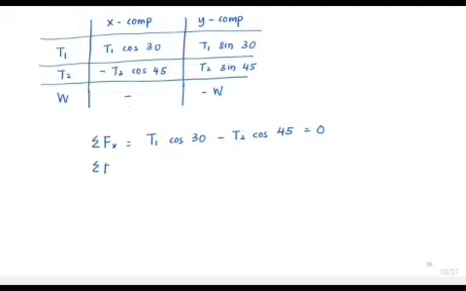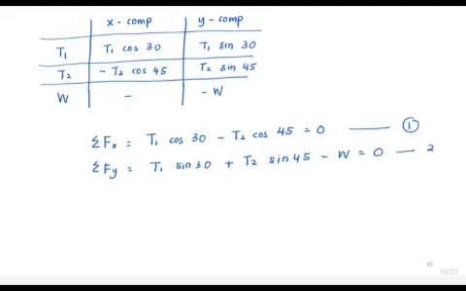The resultant of force at Y component is T1 sin 30 plus T2 sin 45 minus weight, also equal to 0. Both resultants of F at X and Y component are equal to 0 because the frame is in equilibrium. Let's label this as equation number 1 and this one is equation number 2.